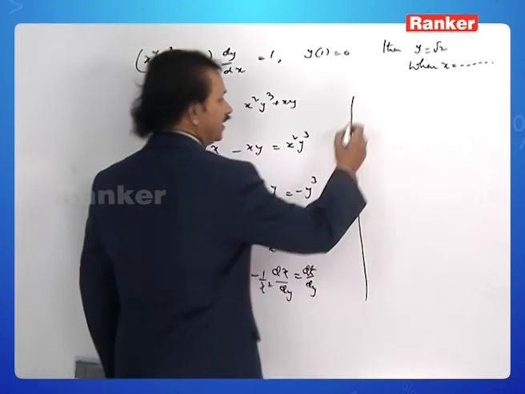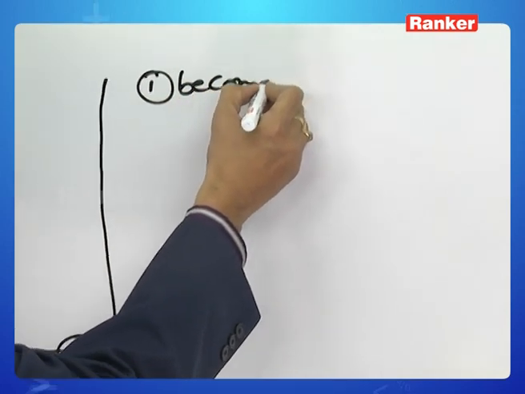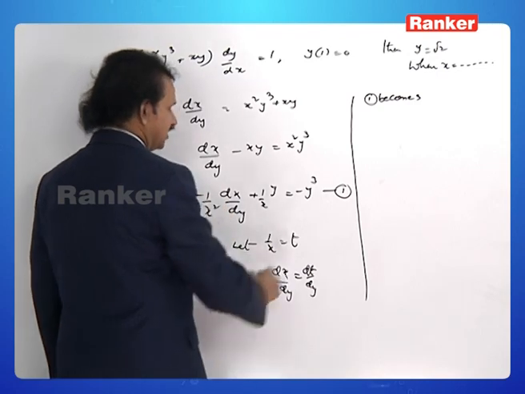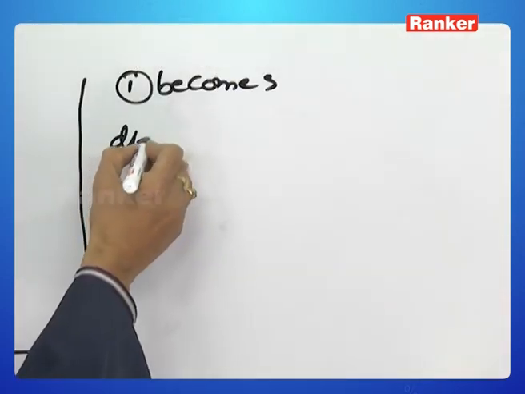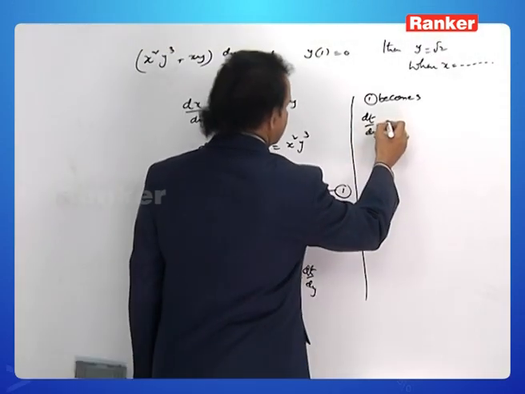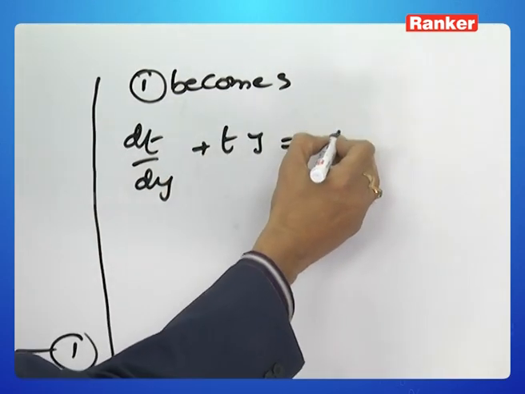So 1 becomes, what is minus 1 by x square into dx by dy? It's just nothing but dt by dy. 1 by x is t. So dt by dy plus t y is equal to minus y cube.